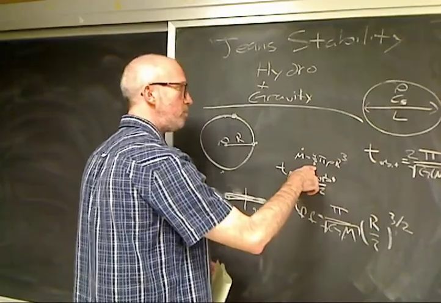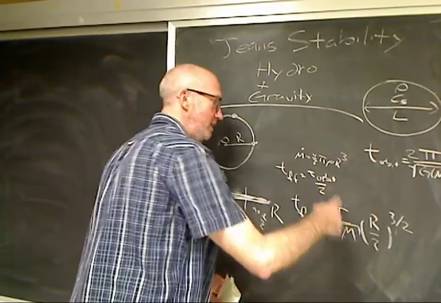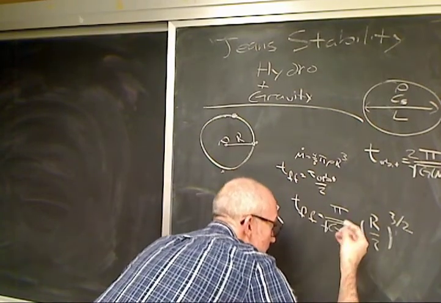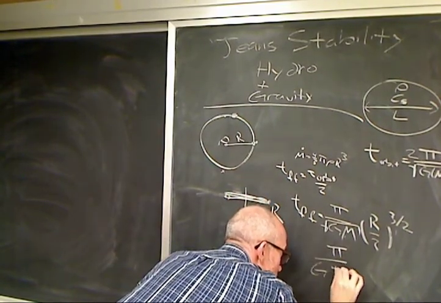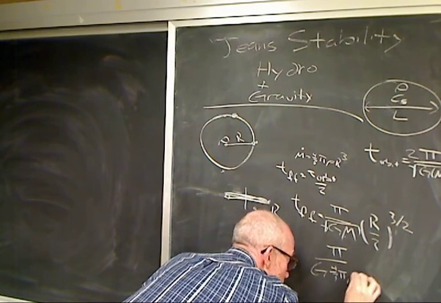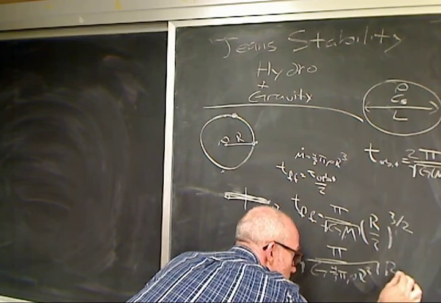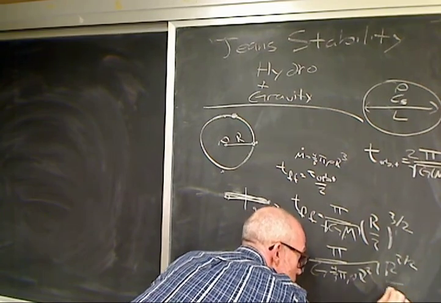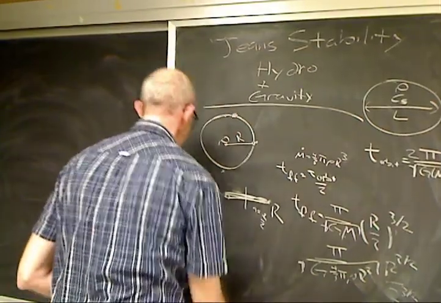M is 4/3 pi rho r cubed. So I plug that in here, and then I'm done. I've got pi over G times 4/3 pi rho r cubed, square root, r to the 3 halves over 2 to the 3 halves. It's kind of hairy.